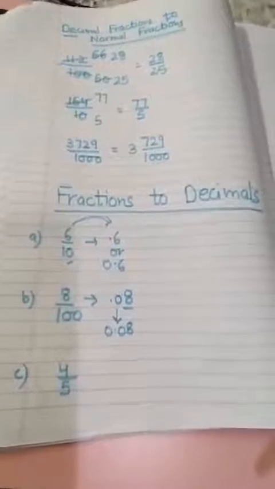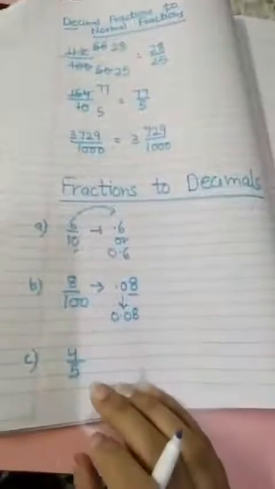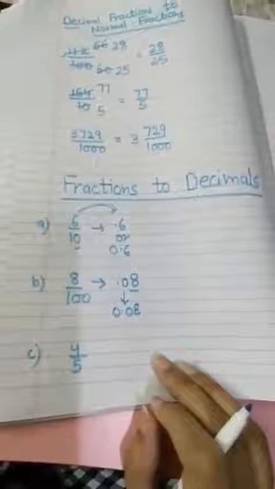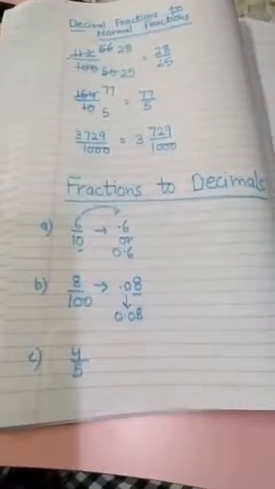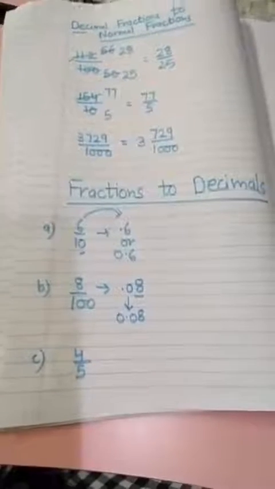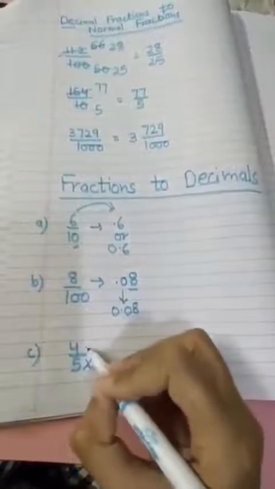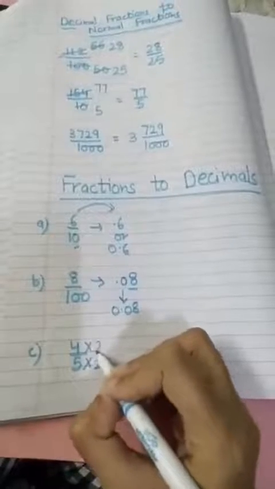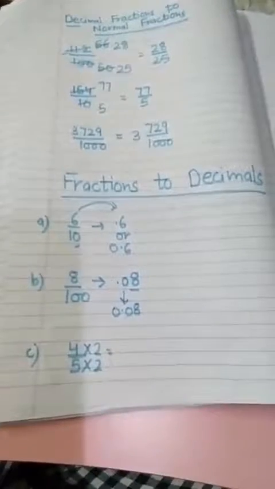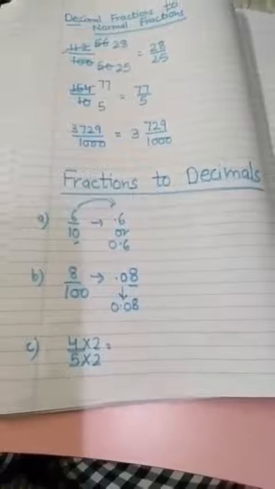Now if we have to convert 4 by 5 into a decimal, first of all we have to convert the denominator into 10 or 100 or 1000. We know that when we multiply 5 by 2, we get 10. And if we multiply by 2 in the denominator, we have to multiply in the numerator also.